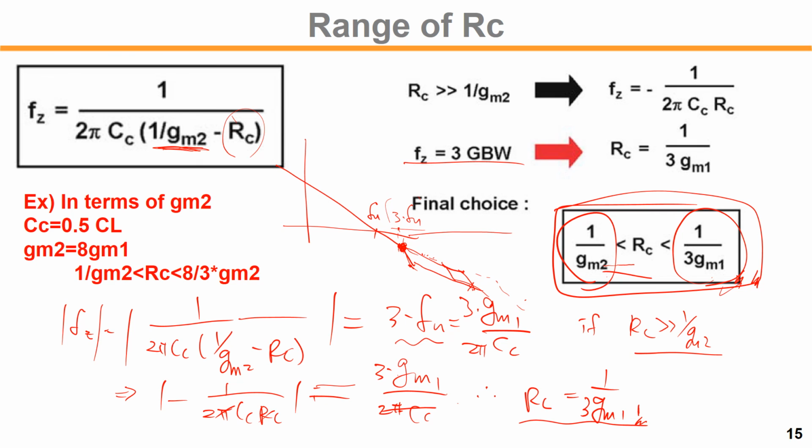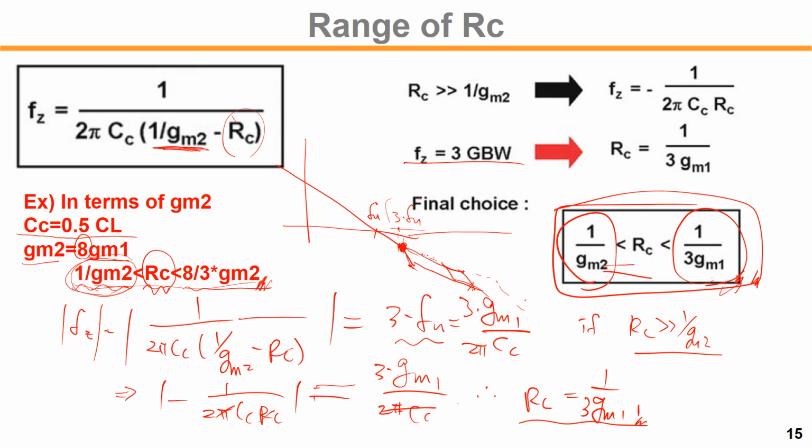So using that fact, in terms of GM2, we can represent the range of the RC, for CC equal to 0.5 CL and GM2 is 8 times GM1, right? If you remember the previous derivation, then the overall RC range is 1 over GM2 to 8 over 3 times 1 over GM2. So around 1 over GM2 to around 3 times 1 over GM2 is the range there.